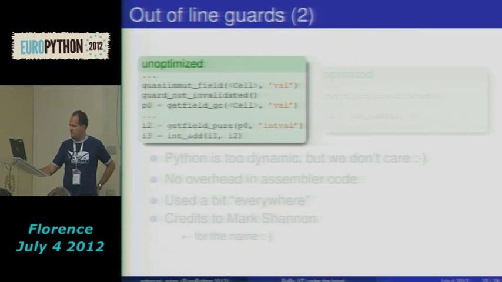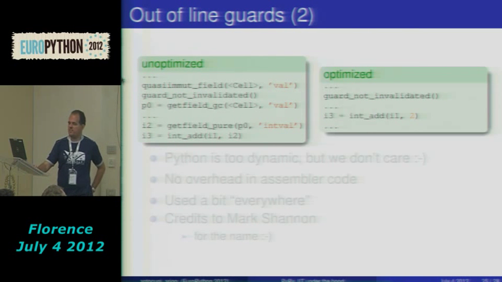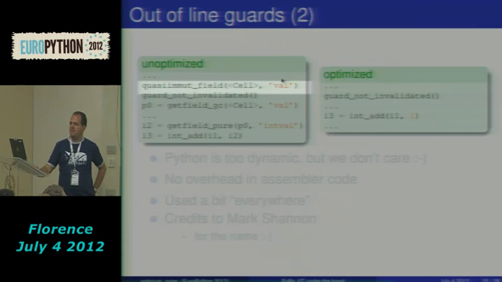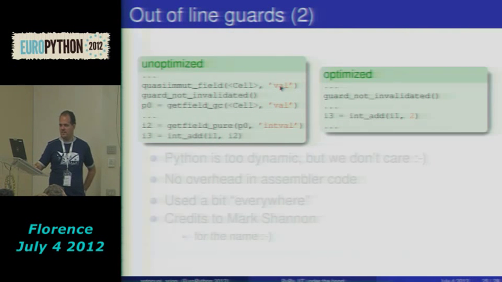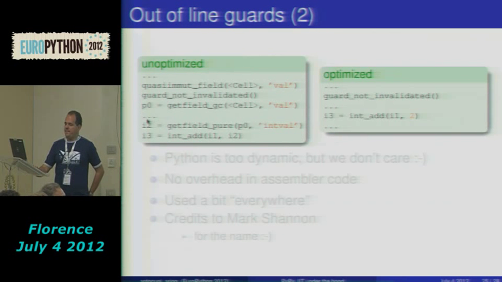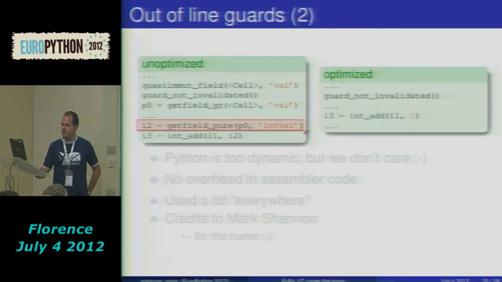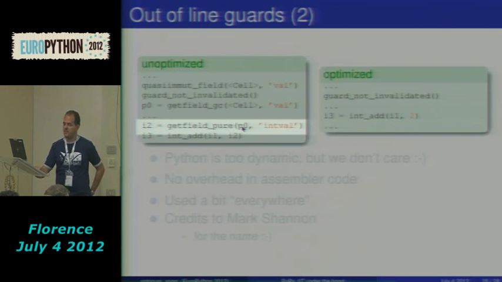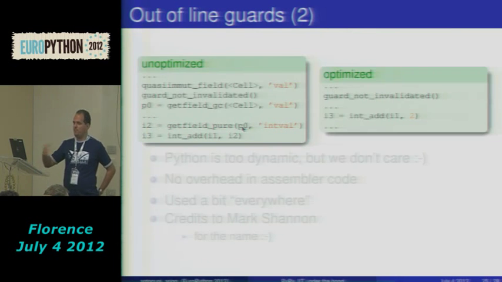So, well, this is what happened in the optimization. We have this, in the JIT code, this declaration that val is, well, what we use internally for representing the global dictionaries. It's quasi-immutable, and then we have a guard which says guard not invalidated. Let's check that it is still valid. And in theory, we cannot optimize this get field pure because P0 is not constant, but we pretend it is.